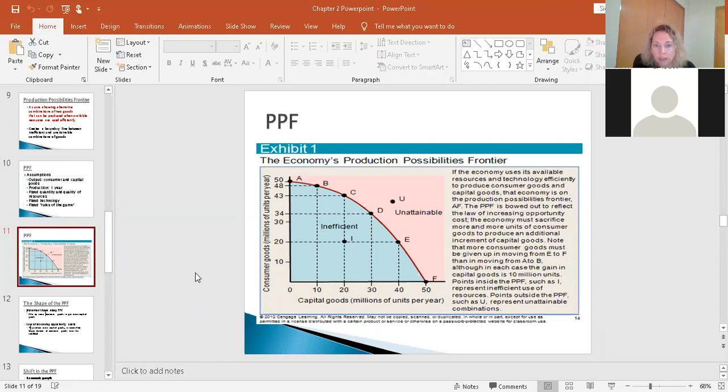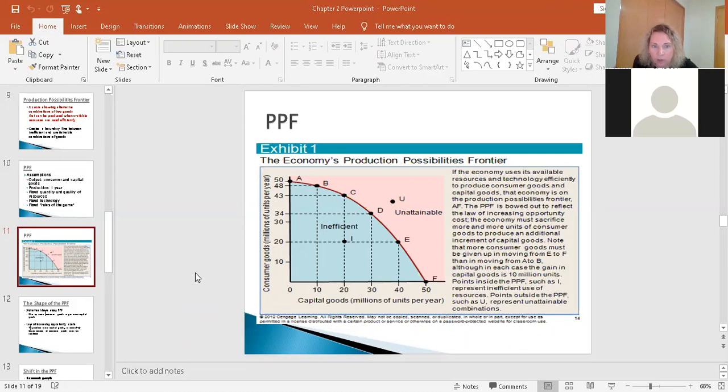But as we gain each additional 10 million units, let's look at what happens to consumer goods, and let's calculate how much consumer good we had to give up in order to get that next 10 million units of capital good. So as we go from point A to point B, or 0 capital good to 10 million, how much consumer good did we have to give up?